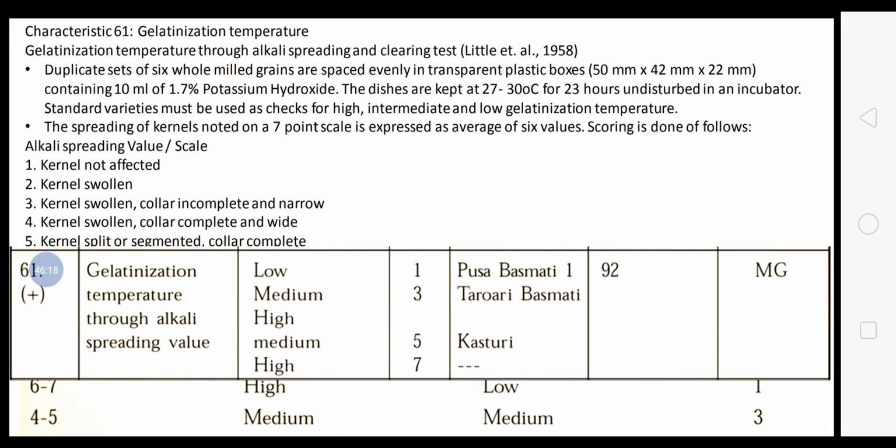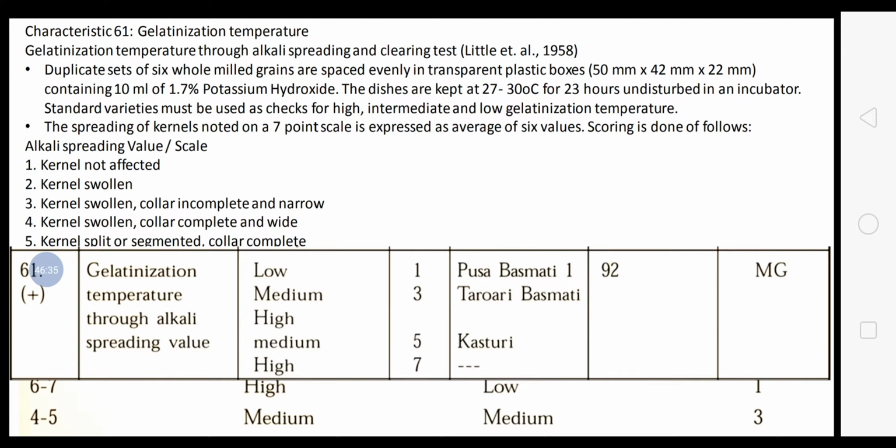undisturbed in an incubator. Standard varieties must be used as checks for high, intermediate, and low gelatinization temperature. Spreading of kernels noted on the 7-point scale is expressed as average of 6 values.